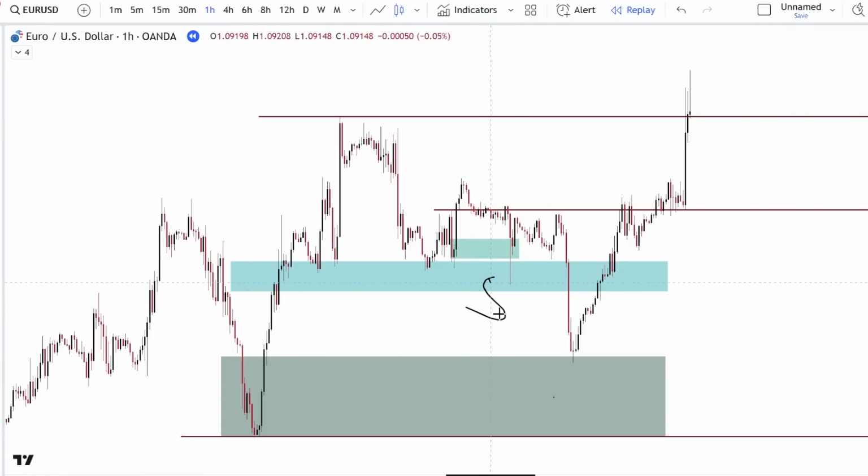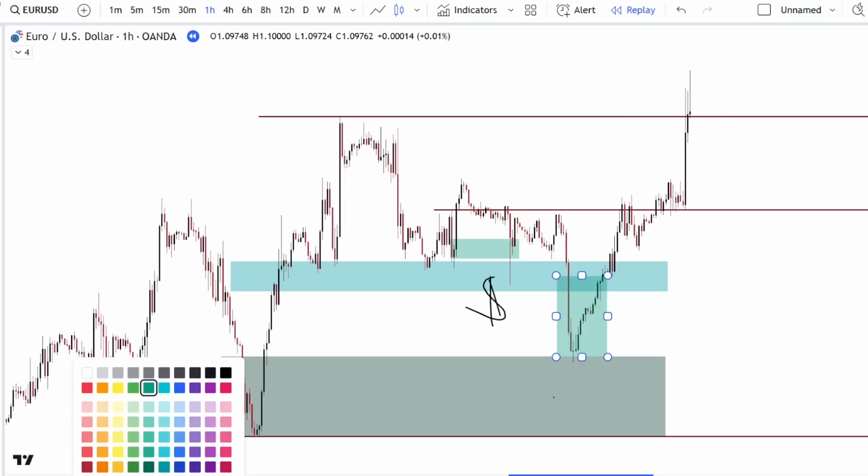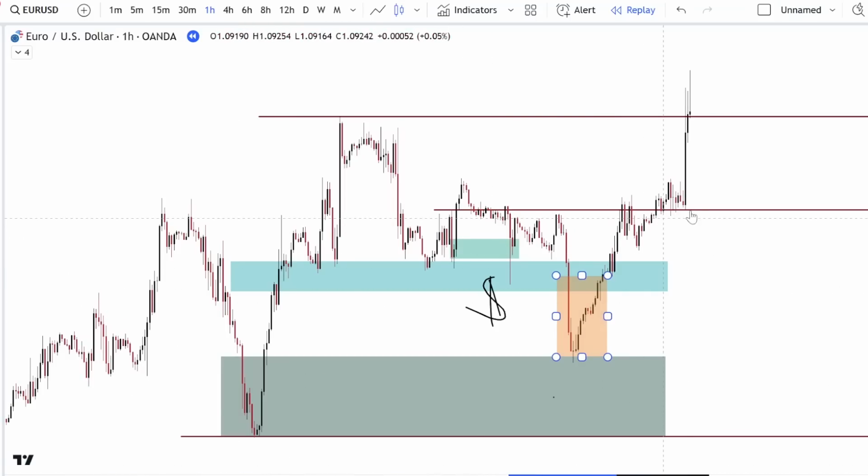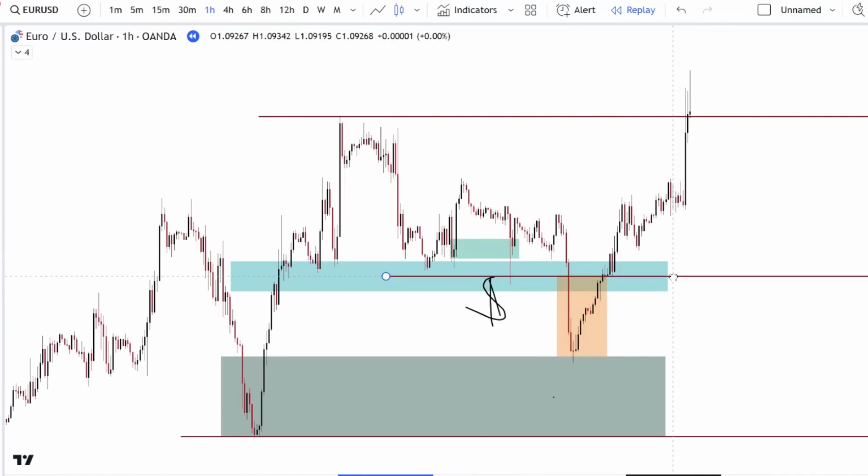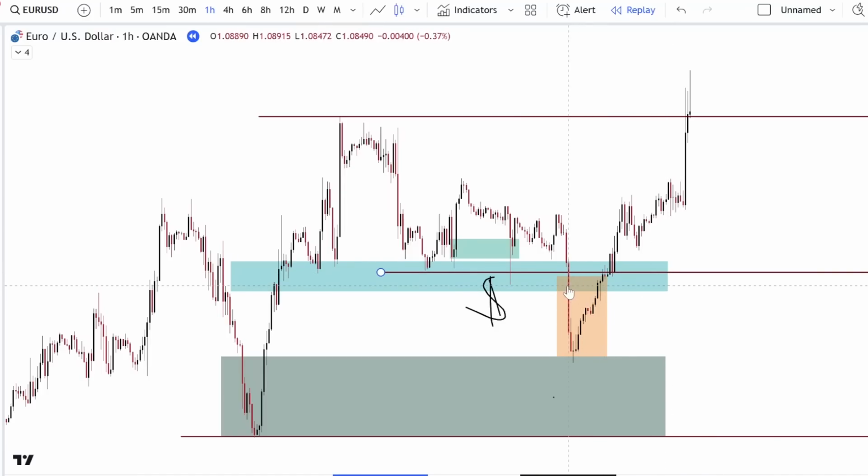Liquidity was engineered right here. This was your stop hunt. Was your liquidity right here. This was your stop hunt. And this was your point of interest.